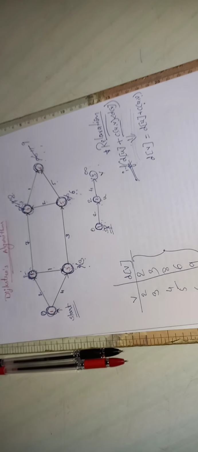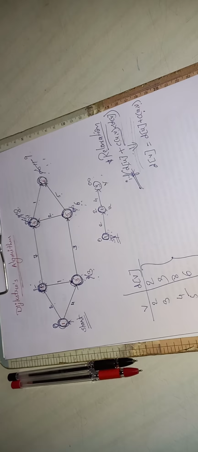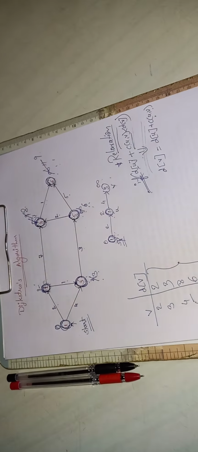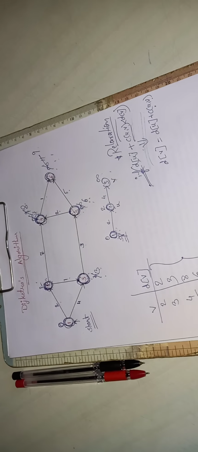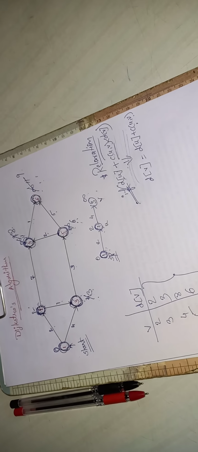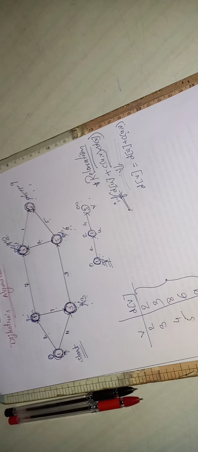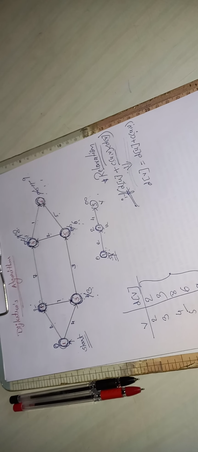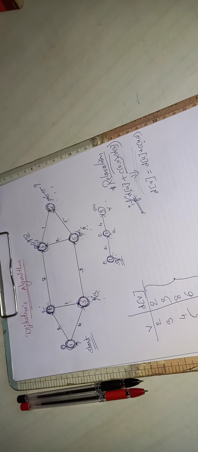So in this way we can follow the traversal in Dijkstra's algorithm, and find the shortest path with the help of the given relaxation formula, which is used for the single source shortest path problem. Okay, so that's all for Dijkstra's algorithm.